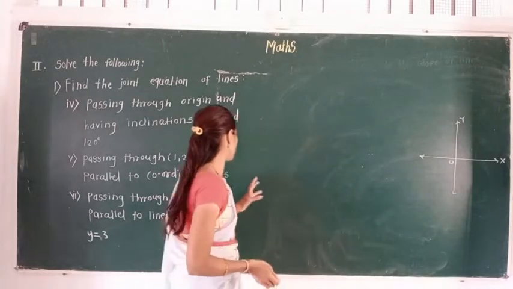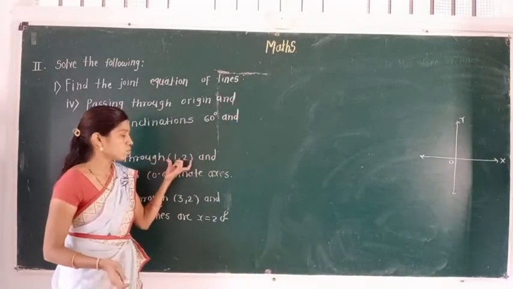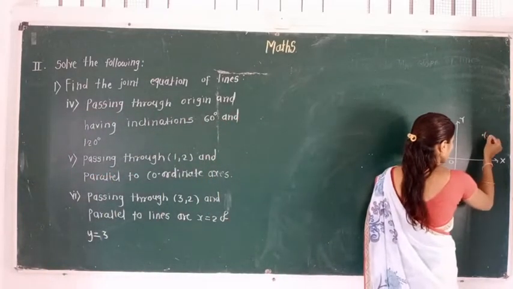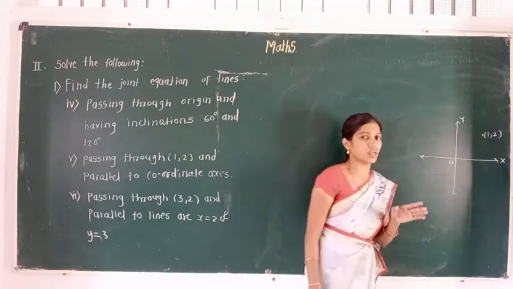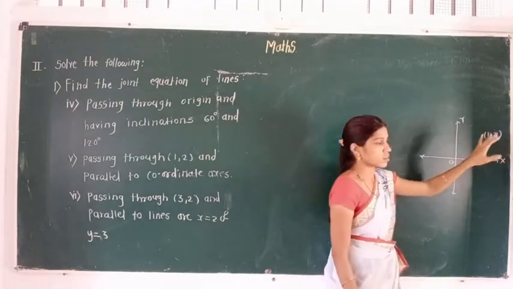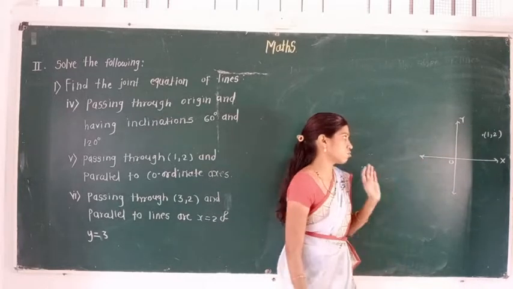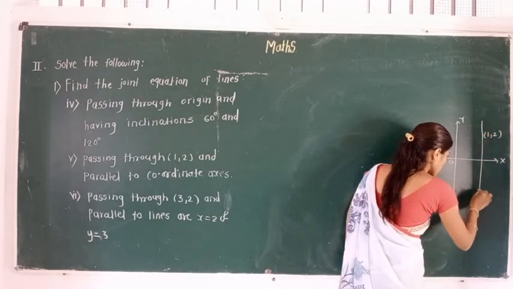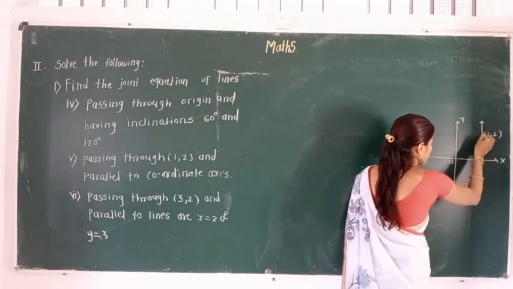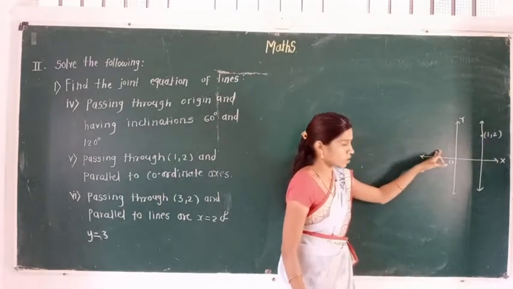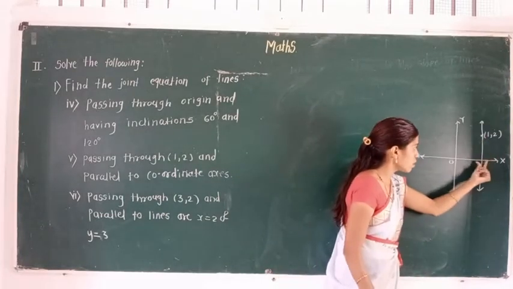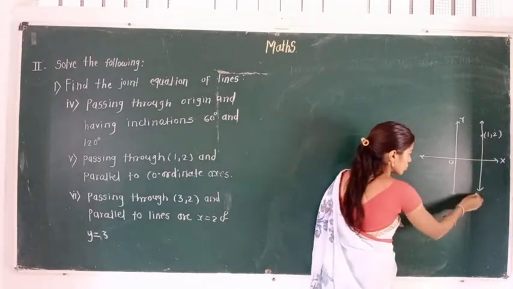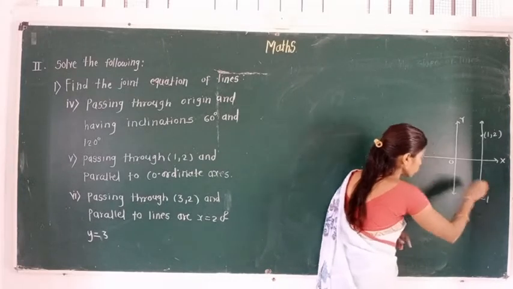Okay. Now first of all we plot the point (1, 2), and this point lies in the first quadrant. Draw the lines passing through this point, parallel to the x and y axes. The first line is parallel to the y-axis and intersects the x-axis at 1, so its equation is x equals 1.